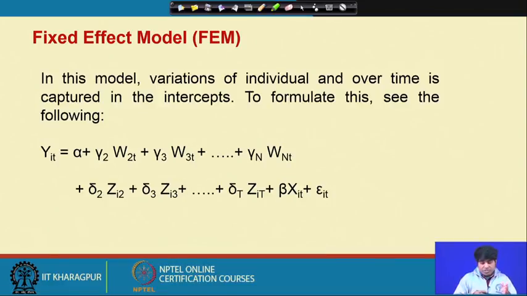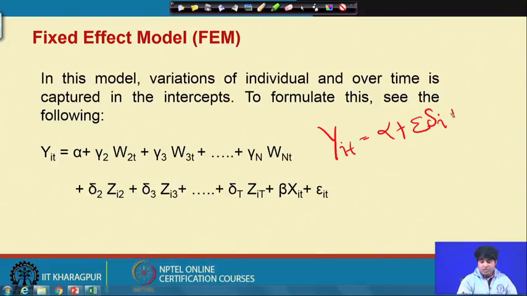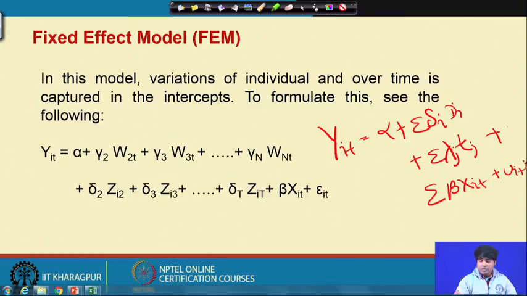Technically, since there is a cross sectional unit and a time series unit structure, we can write the model like this: y_it = alpha + summation delta_i d_i + summation mu_j t_j + summation beta x_it + u_it. This is the part called the cross sectional dummy, and this is the part called the time series dummy.